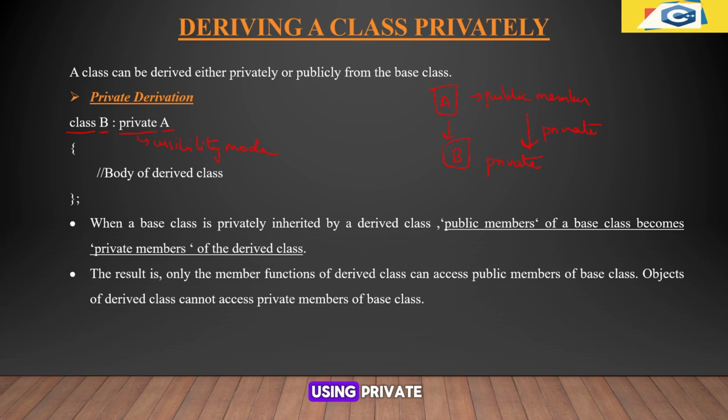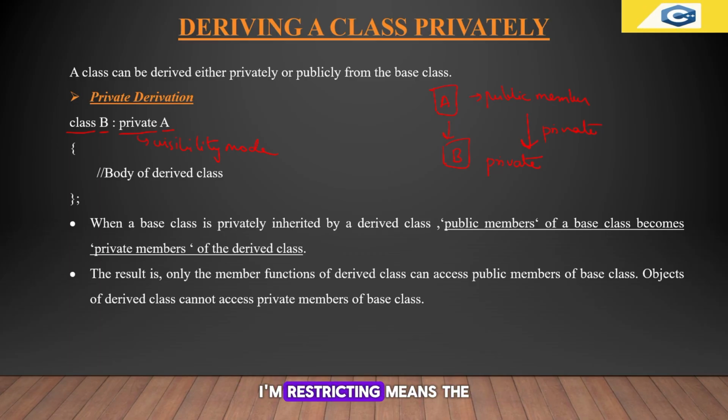Suppose I am not using the private visibility mode, and I am using the public visibility mode, it is accessible to everyone. I can use it in another class also, in more than one class also, but in private I am giving some kind of restriction.